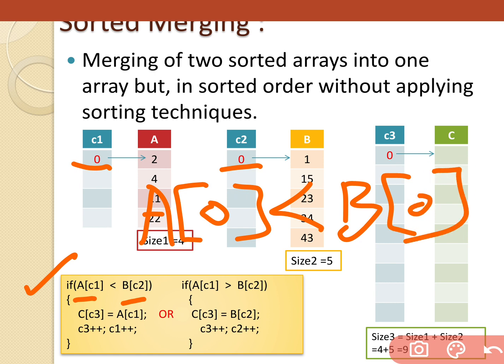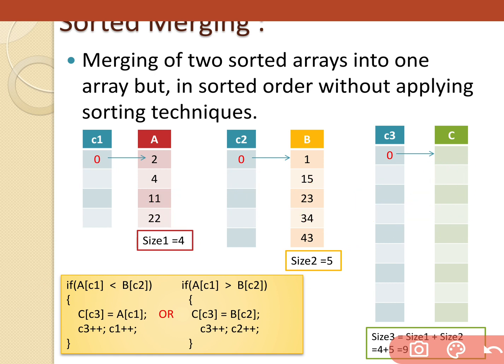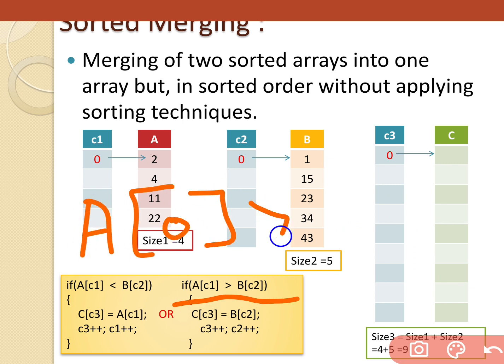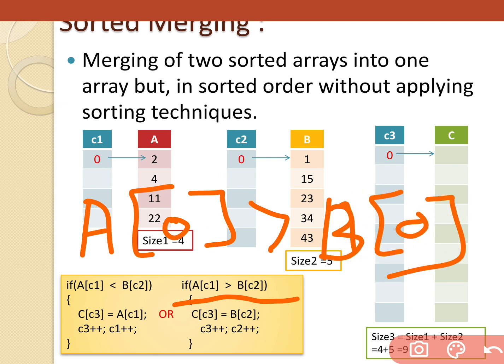If it happens, then what we have to do? In our case, this happens: A zeroth location is greater than B zeroth location. See, 2 is greater than 1. Yes, 2 is greater than 1.